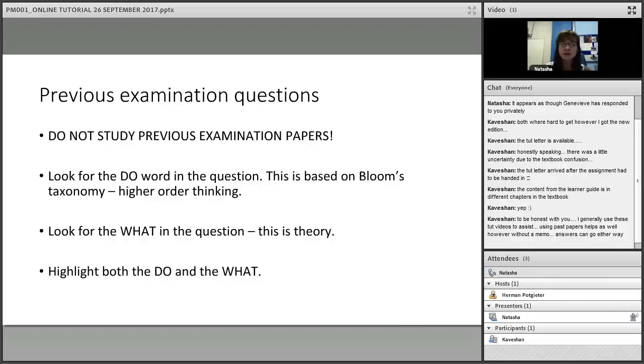The do word tells you what is expected of you. And the what part, the theory part, is where you need to tell us what you've studied, what your grasp is. So what I'd like you to make sure you do is to highlight both the do and the what word in the question. Okay.